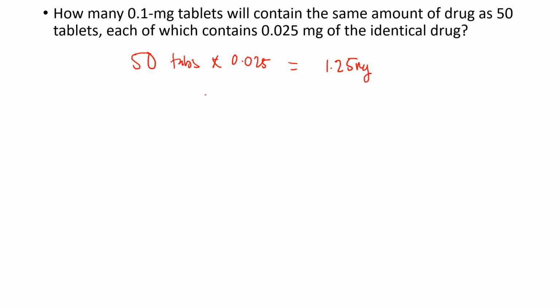So how many tablets would be needed to give 1.25 milligrams? X tabs over 1.25 milligrams, then you have 0.1 milligram per tab. Okay, so to give 1.25, we have to set up the proportion.